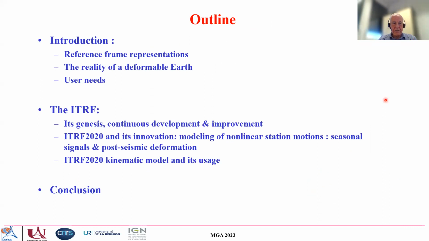This is the outline: after an introduction regarding reference frame representation for an Earth that is deforming constantly, user needs, the ITRF itself, its GNSS continuous development and improvement, the ITRF 2020, and its innovation in modeling non-linear station motions, seasonal signals, and post-seismic deformation. The ITRF 2020 kinematic model and its usage.